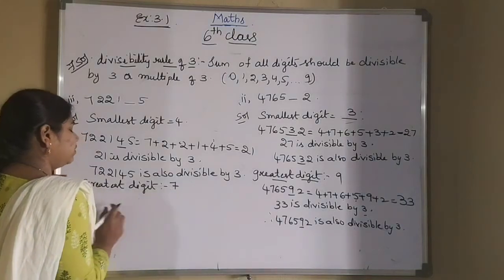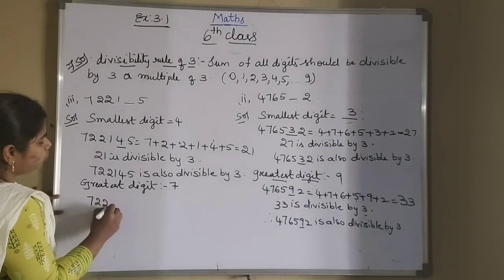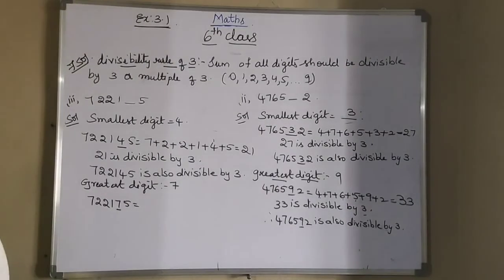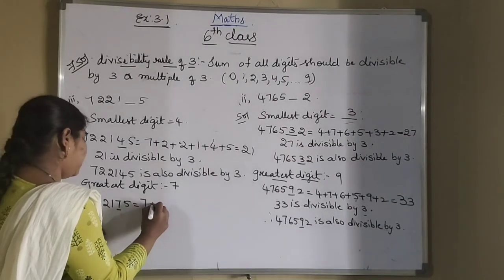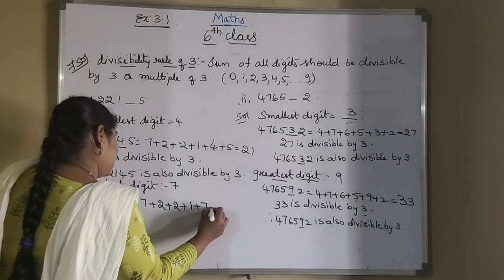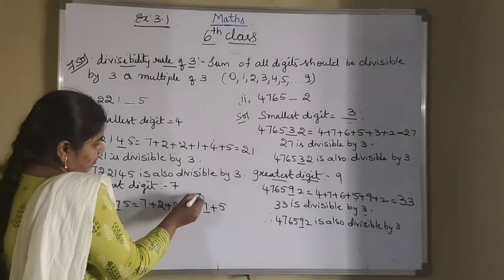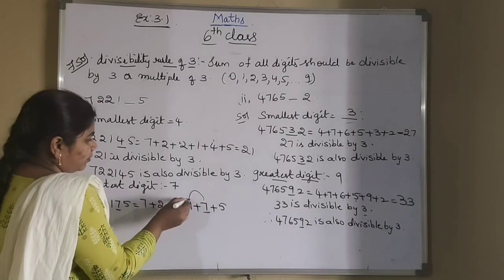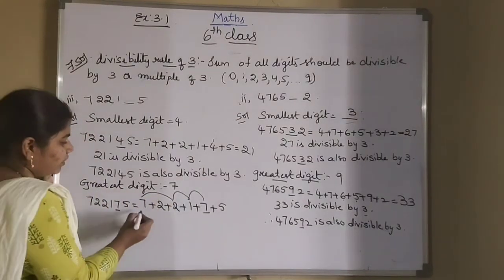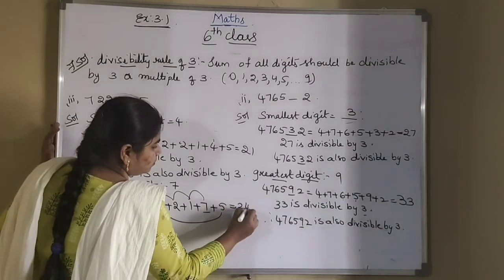The greatest digit is 7. So substitute 7 in place of the blank. So it will be 7, 2, 2, 1, 7, 5. Add all these numbers and we will see whether it is divisible or not: 7 plus 2 plus 2 plus 1 plus 7 plus 5. 7 plus 1 is 8. 8 plus 2 is 10. 10 plus 7 is 17. 17 plus 2 is 19. 19 plus 5 is 24.